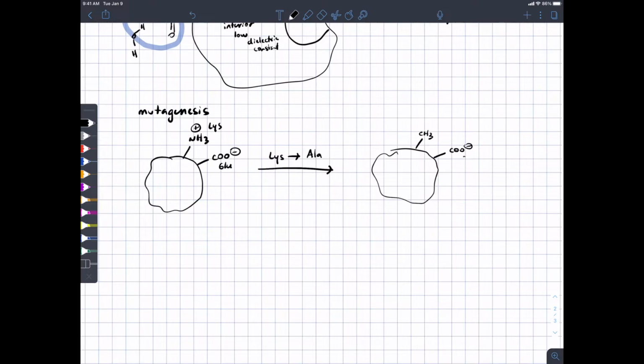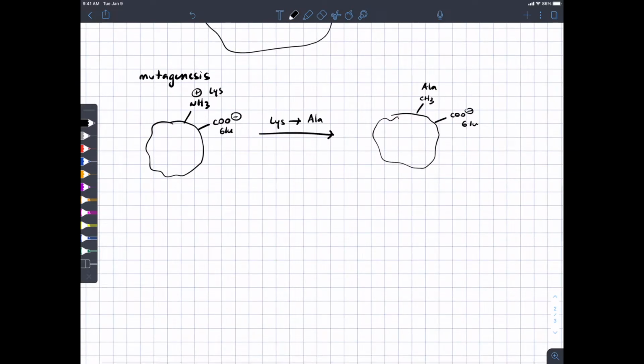Okay, so you could measure, and then you'd need some way to measure how stable the protein is here and how stable it is once you replace the positive charge with the alanine, which doesn't have a charge. So let's suppose we measure folding free energy for the first protein, and we measure folding free energy for the second protein.